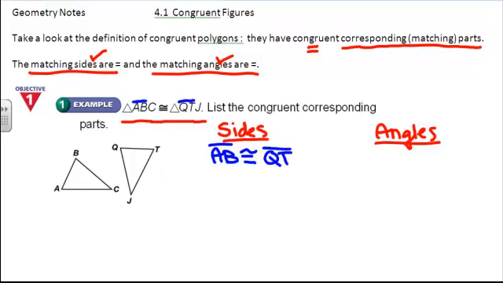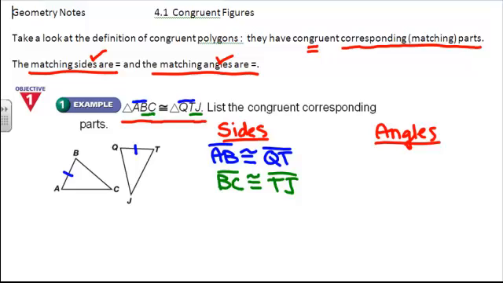So I mark AB with one arc mark. I mark QT with one arc mark. The next two letters I see are letters BC that match letters TJ. BC must be congruent to TJ.